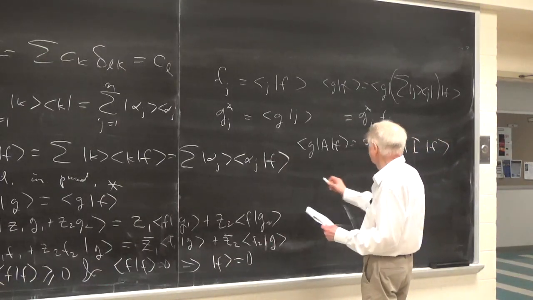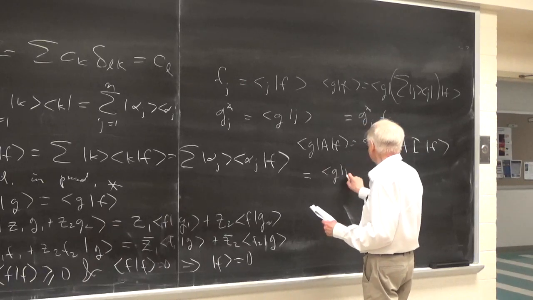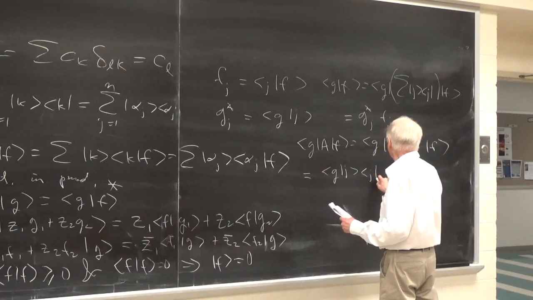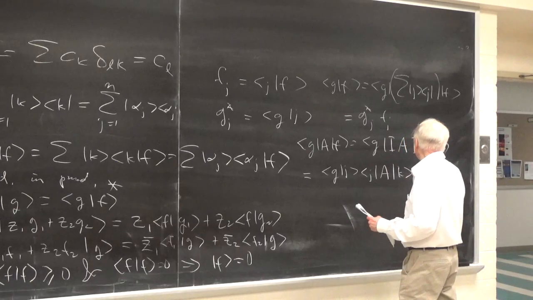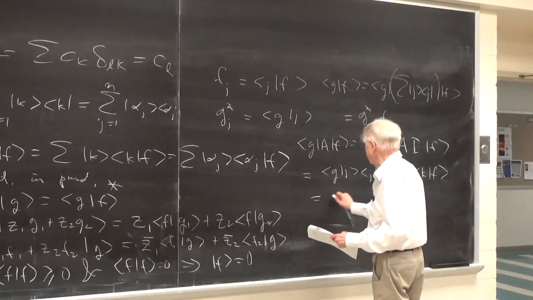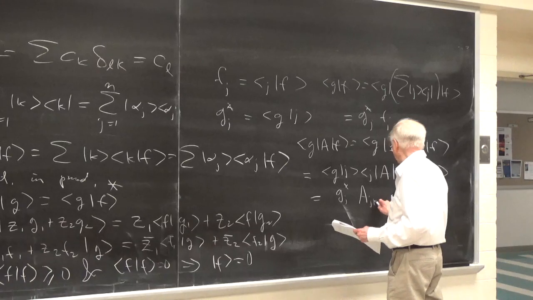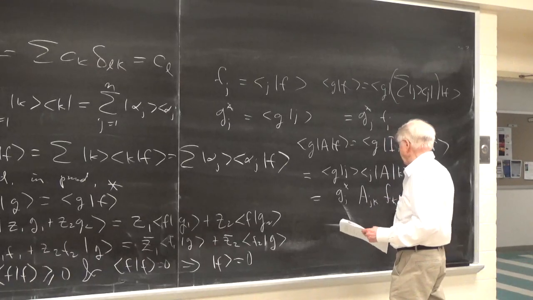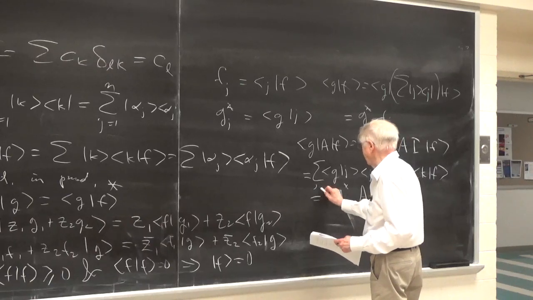And so this is then <g|j><j|A|k><k|f>, and so this is then gj star, Ajk, fk. Of course, here summed over j and k in both cases.